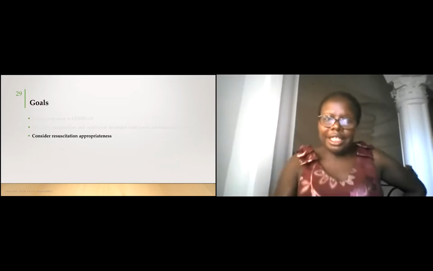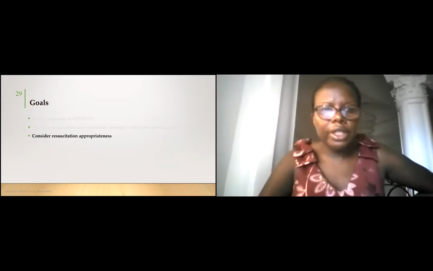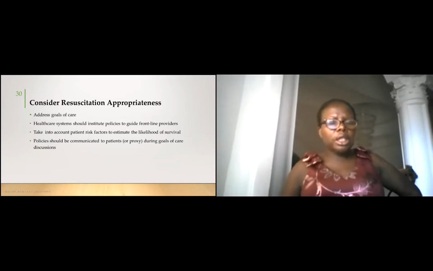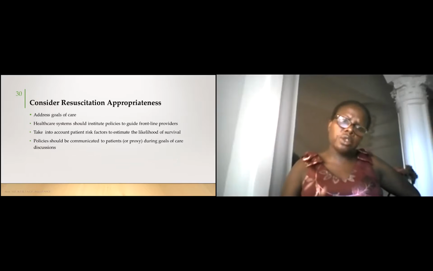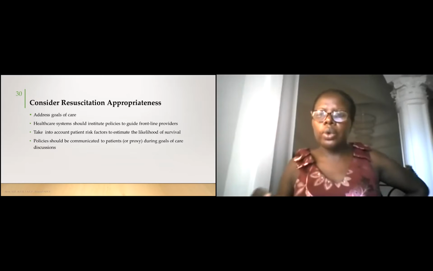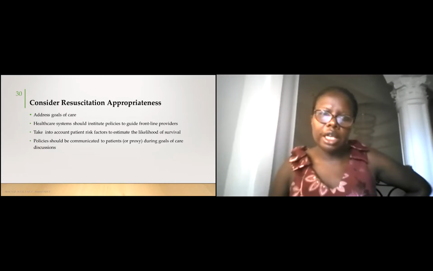This is the last point I want to talk about, again considering resuscitation appropriateness. It's very important that, as we said, we address the goals of care for every single patient. And this is not for patients only, but every healthcare system or institution should have clear policies to guide frontline providers on what to do when a patient with COVID-19 goes into cardiac arrest.